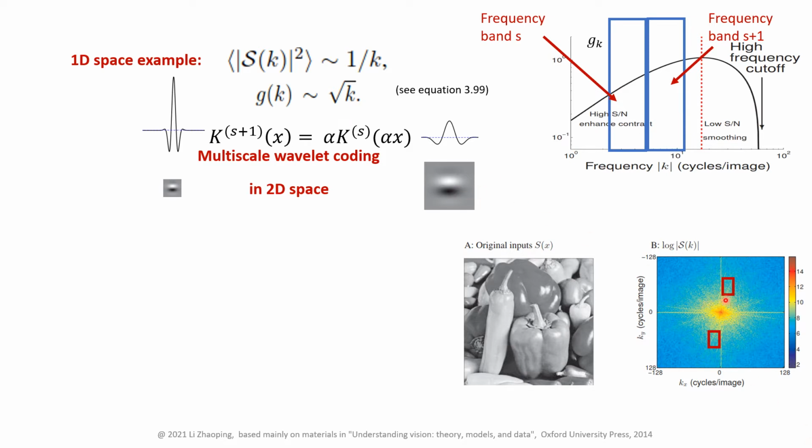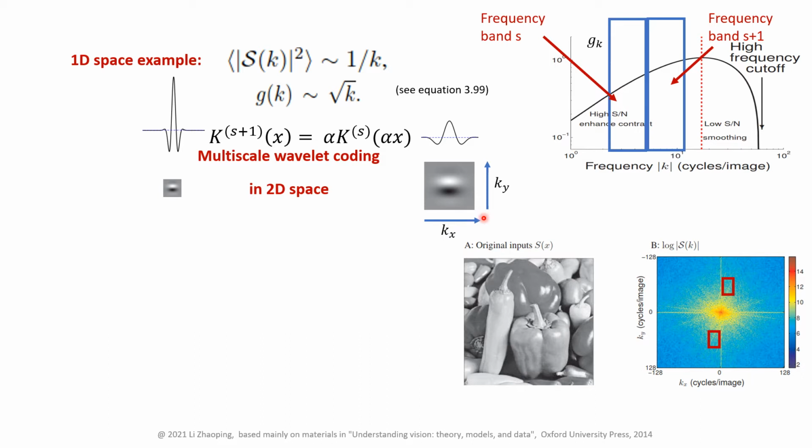So for this filter, it spans this low frequency range from here to there in a horizontal direction, but a higher frequency range from here to there in the vertical frequency direction. And this can be seen from this filter shape because it varies more along the vertical direction, for the vertical frequency component ky, but it varies less horizontally, for the horizontal frequency component kx.